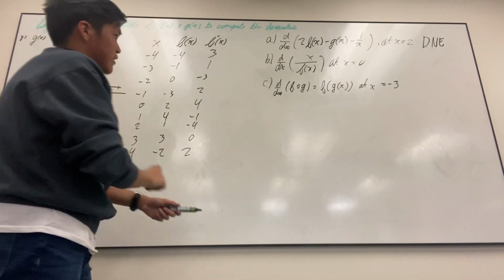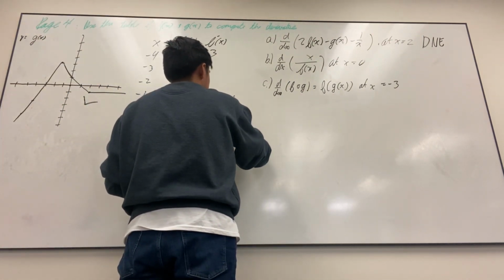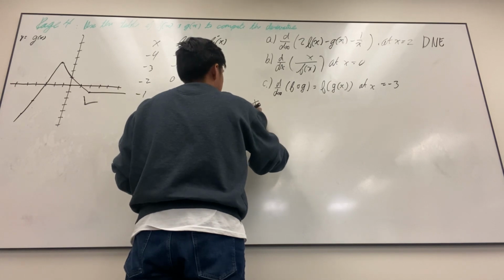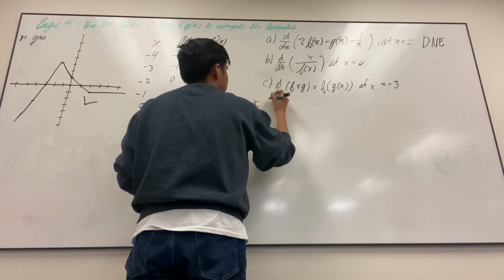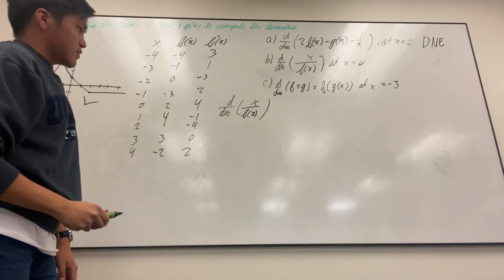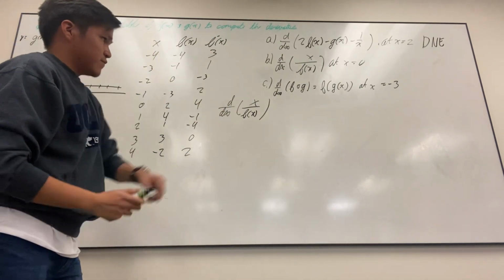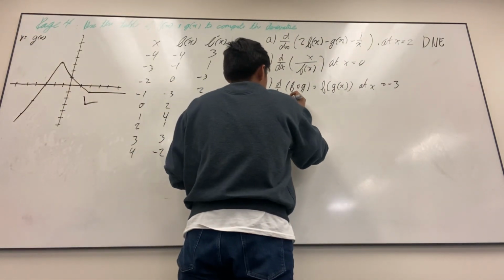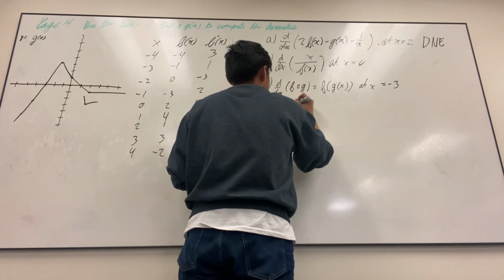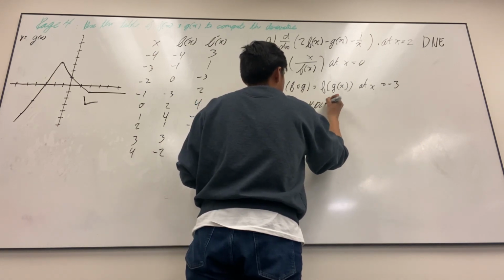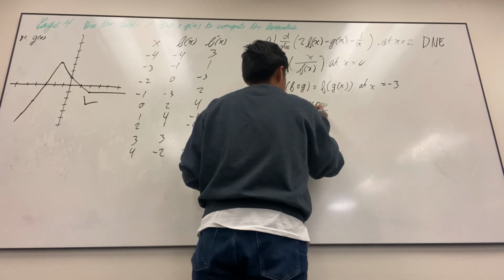Now the next one is to look at d over dx of x over f of x at x equals 0. In this case, to find the derivative of x over f of x, you use the formula low d high minus high d low over low squared.